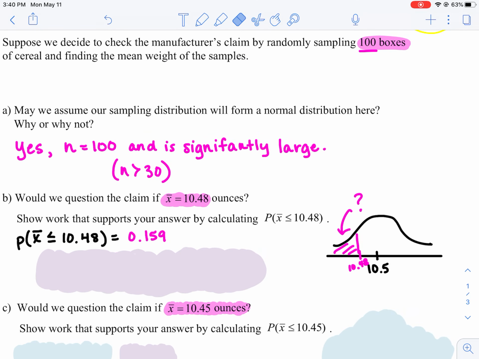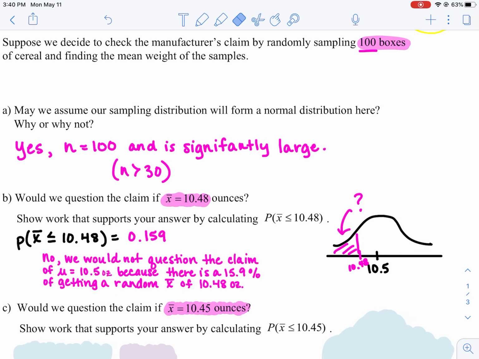Now, we got this to be 0.159. Based on this, answer the question, would you question the claim of the average weight being 10.5 ounces? And the answer is no, we would not question the claim of the population mean being 10.5 ounces because there is a 15.9% chance of getting a random sample mean of 10.48 ounces.